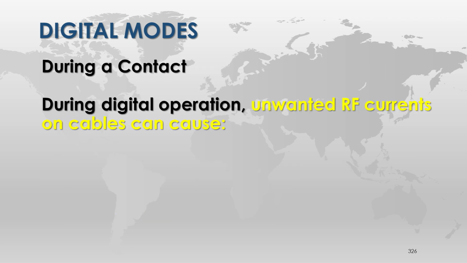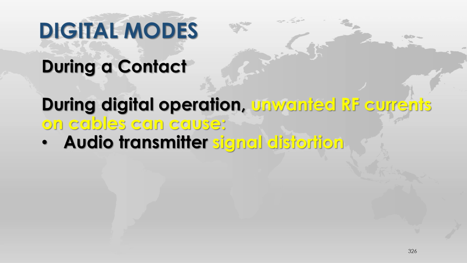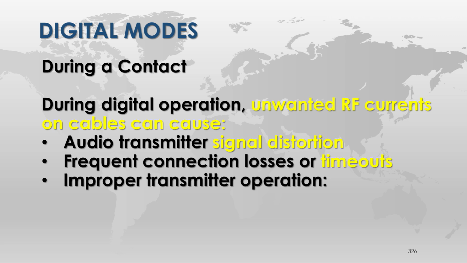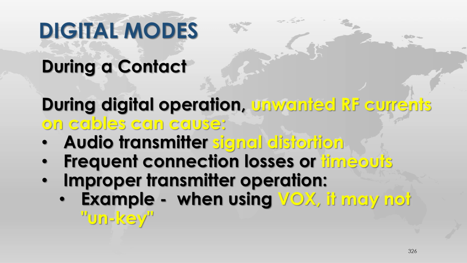During digital operation, unwanted RF currents on cables can cause signal distortion in the audio transmitter, timeouts, frequent connection losses, and improper transmitter operation. For example, when using VOX, it may not unkey, and we heard the story about that.